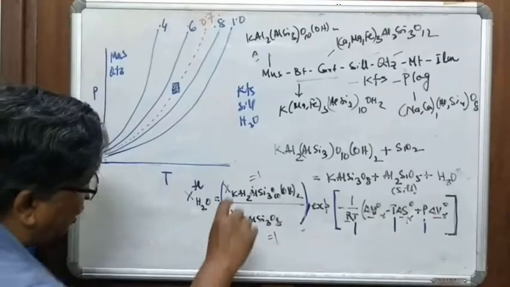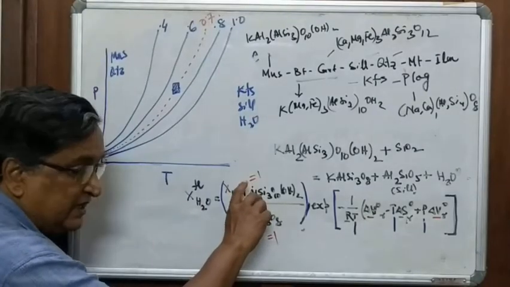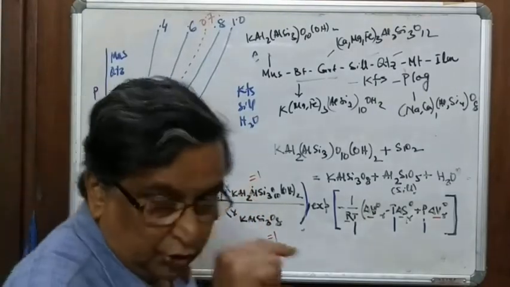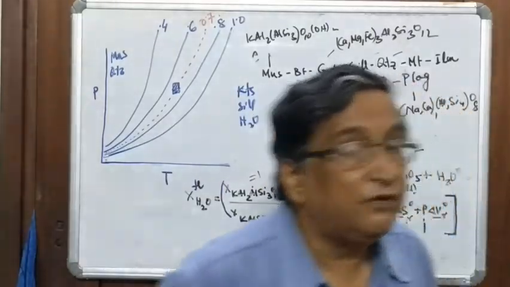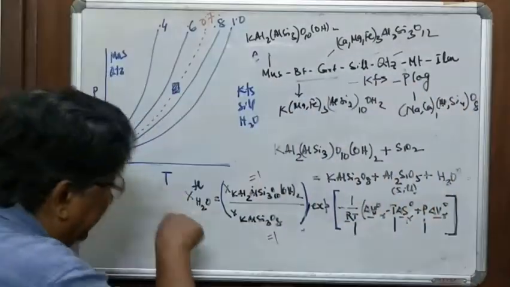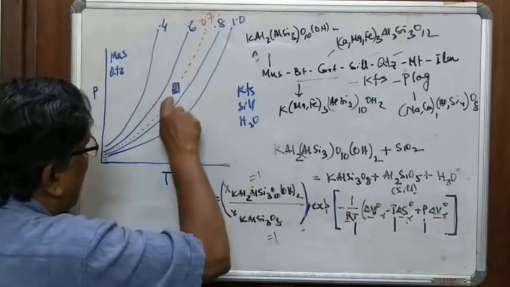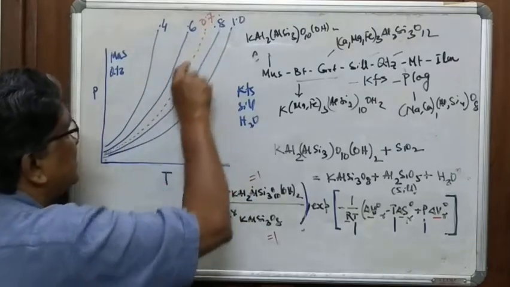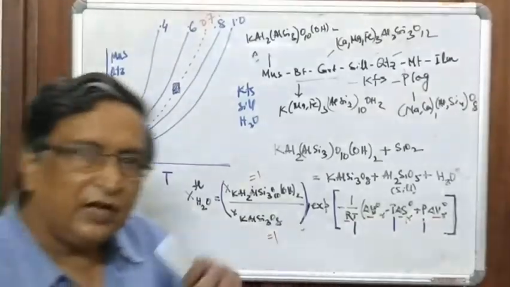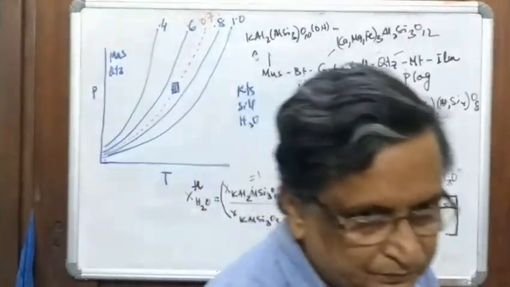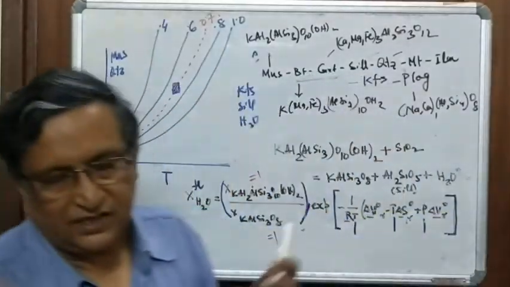So if you know the composition of Muscovite and K-feldspar, you should be able to find out what the XH2O value is. In other words, looking at it the other way, this would correspond to this curve which passes through this pressure temperature condition. You can look at it any way you want. But the fact remains the same.